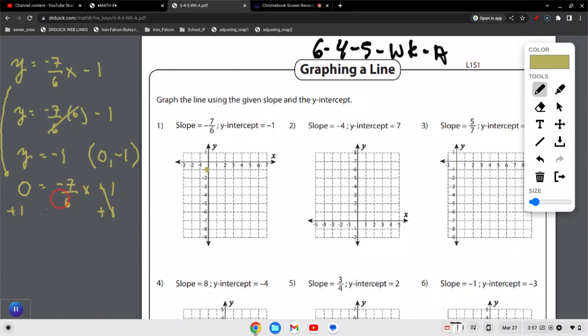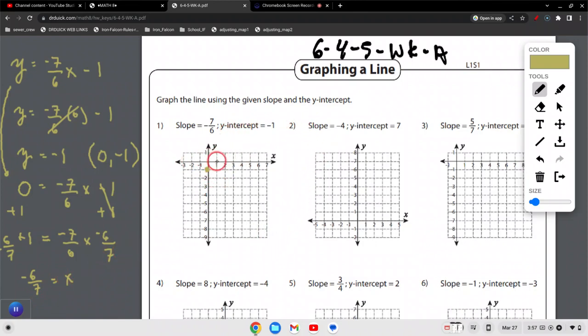This gives me the variable by itself, so it would be 1 equals minus 7/6 x. And to get rid of this, we take the reciprocal. So we multiply by minus 6/7 to get rid of it. It would be negative, so the answer is minus 6/7 equals x.